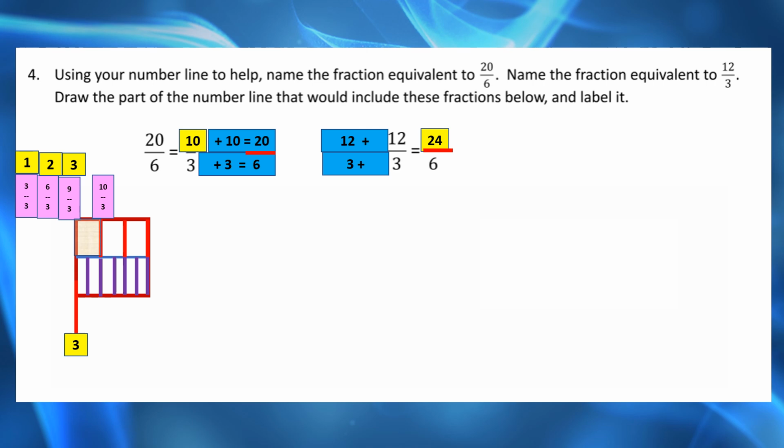Right, I'd have to shade 2 of them, but first let's see what sixth we would start with. So I know that 6/6 is one whole, right? How many sixths would be 2? Well, if you said 12/6, you're right. That would be 2. So that means that 3 would be 18/6, which means I'm starting my number line at the bottom of sixths with the fraction 18/6.